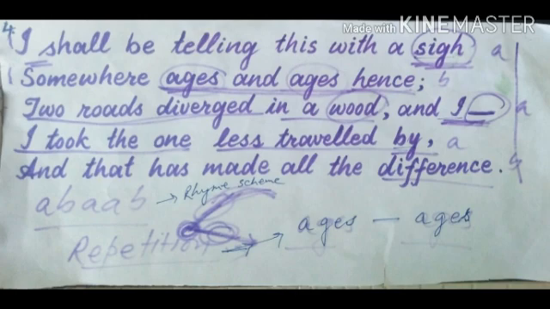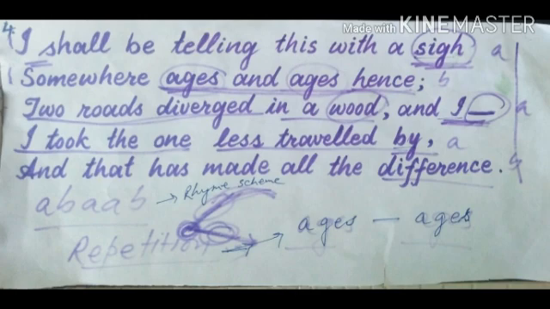So now let's look at the literary terms or devices used in this stanza. As we have been discussing in stanzas 1, 2, and 3, the rhyming scheme is A, B, A, B. Here also you can see in the first line the last word shy, third line last word I, and the fourth line last word by.